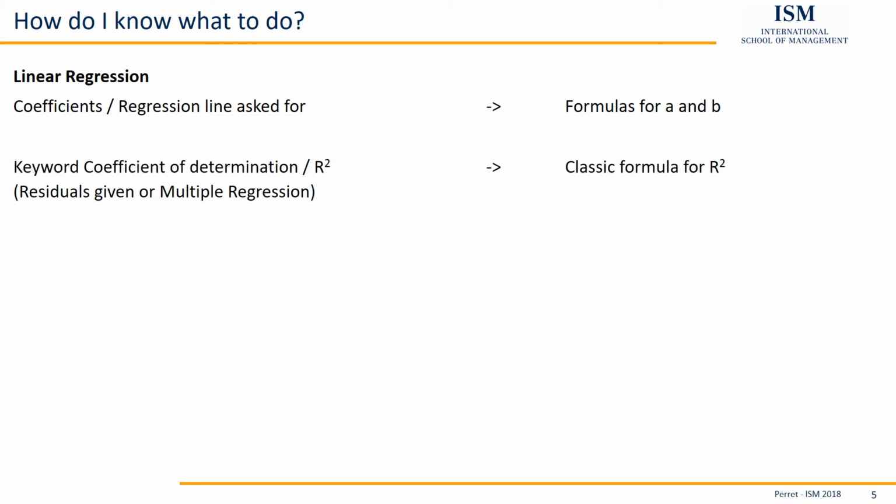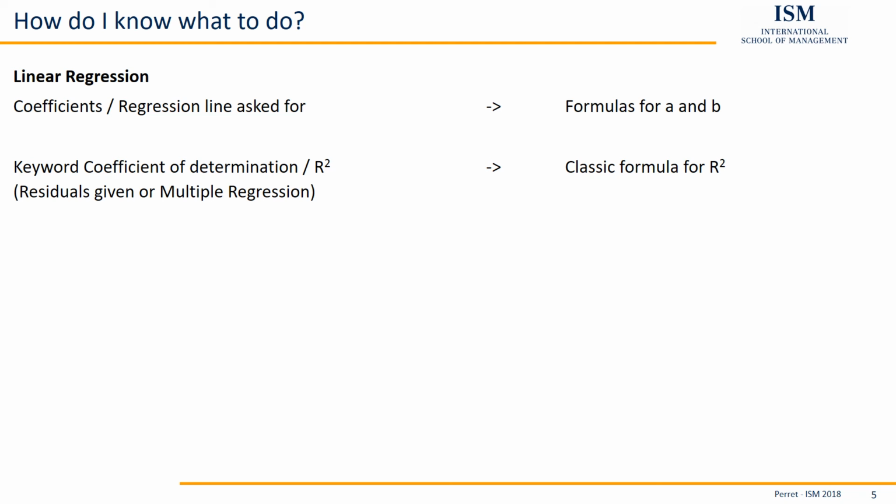A bit more complicated it becomes if you're asked about the coefficient of determination. Because here we have 3 different possibilities. Either you have a multiple regression, so more than one independent variable, or you already have given residuals, so the y hat values.